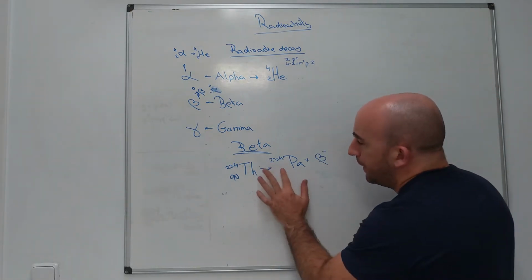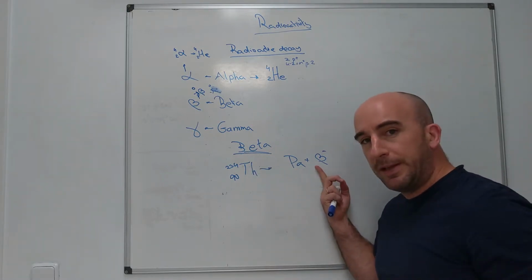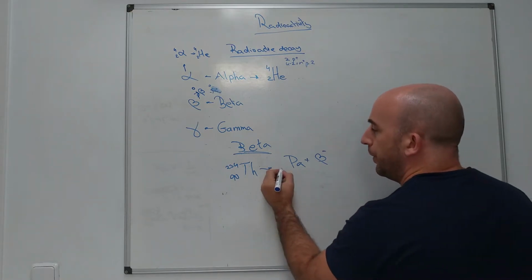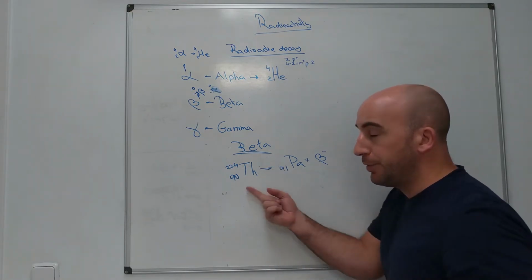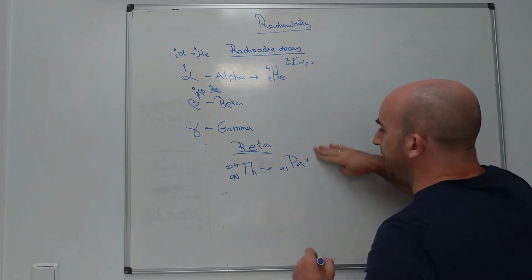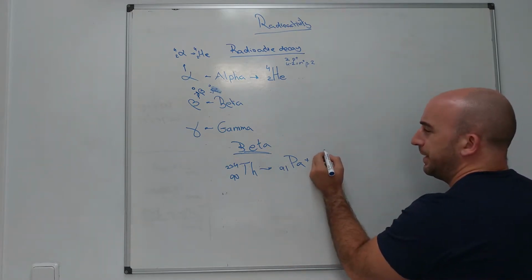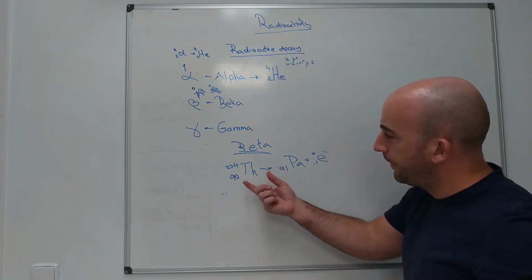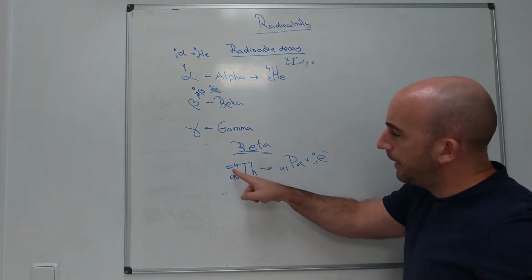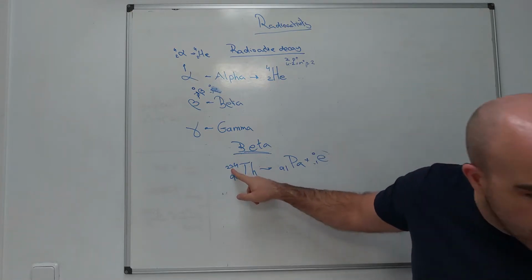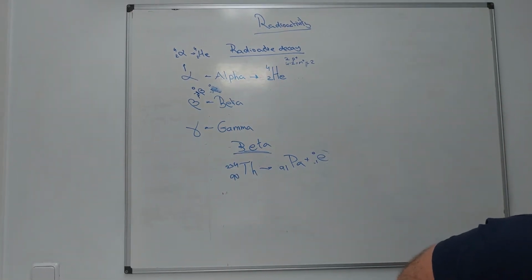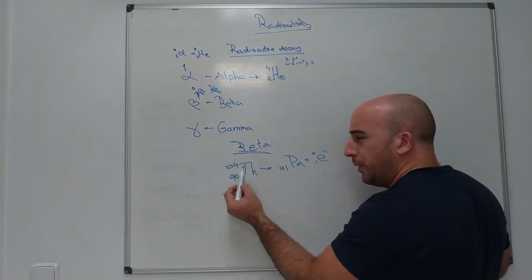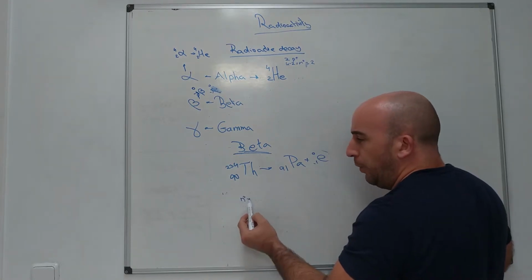We didn't need to know this, because as they said that it was a beta decay, we know that a neutron is going to become a proton, so the number of protons is going to increase by 1. We're going to emit an electron, so another way to put this is this. Okay, and the mass number is not going to change, because even though we are losing 1 neutron, we are gaining 1 proton.